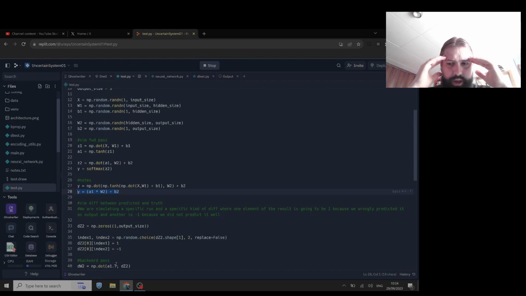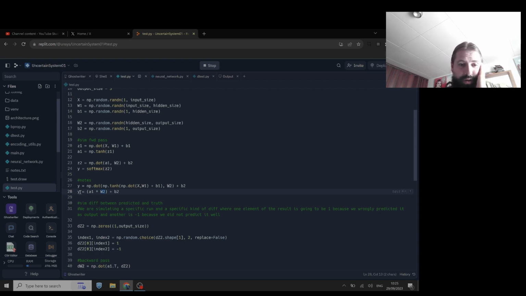I want to calculate the derivative of the cross entropy loss function with relation to W2. This is my variable, okay? This is my x.